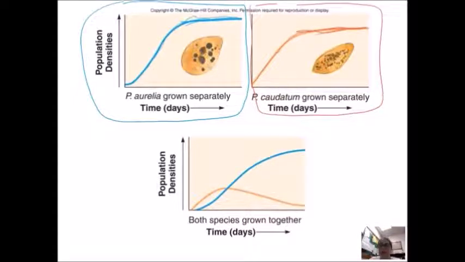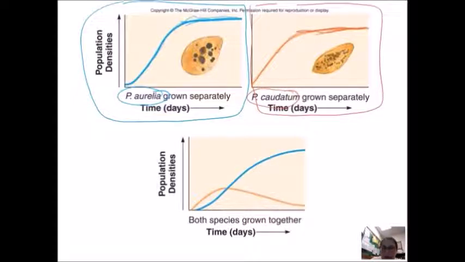Now, in this experiment, what it looks like they did in round 3, they combined the Paramecium aurelia, which is indicated by the blue line, and the Paramecium caudatum, which is represented by the orange line.